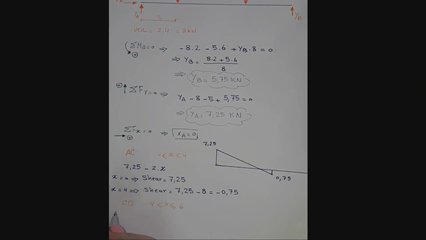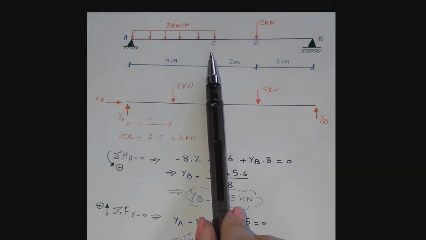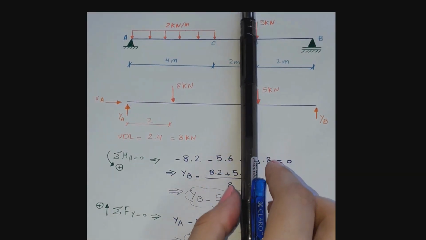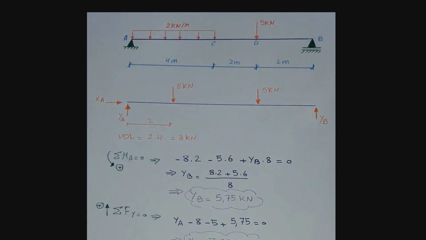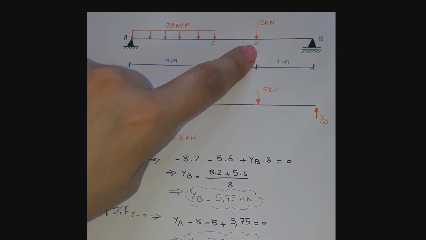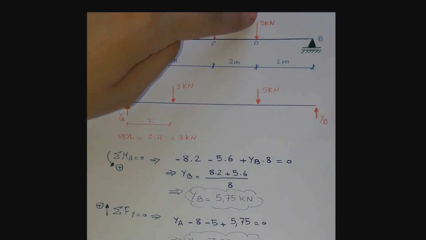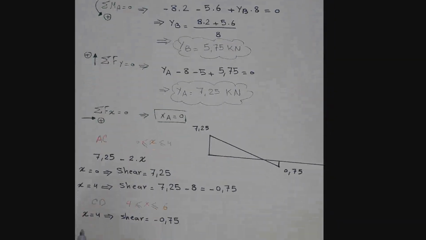We know already that when x equals 4, then shear equals minus 0.75. Between C and D, there are no forces acting, so the shear will stay still. When we reach point D, there is a shear force acting in the negative y direction.